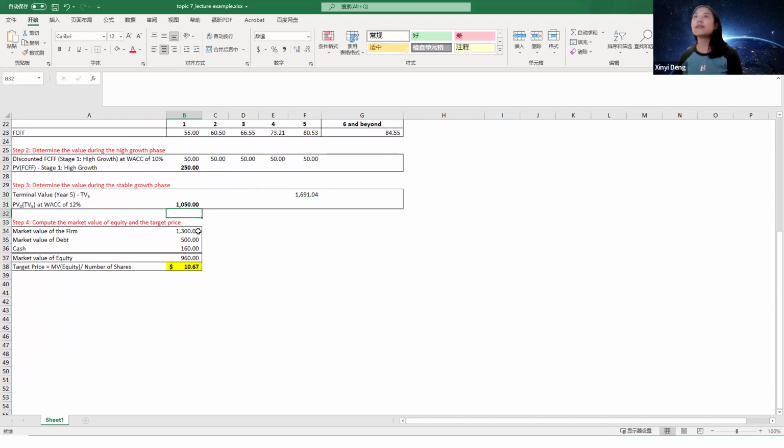That leads us to the market value of the firm. We calculate it in the Excel sheet using cell B31 plus cell B27. That leads to the market value of the firm being 1,300 mils. All those amounts are in mils.